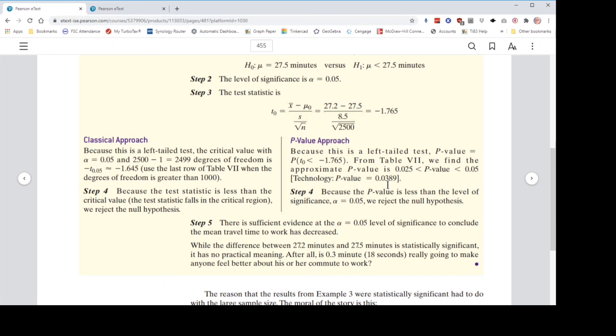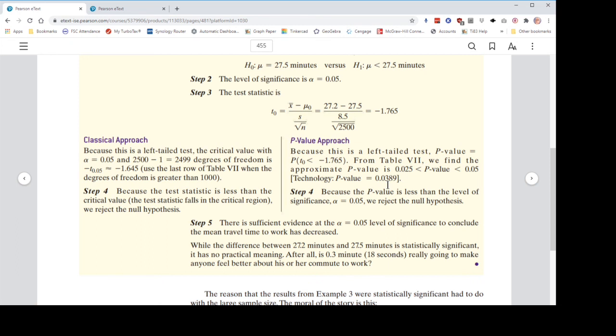So at this point, the Department of Transportation is probably going to start an ad campaign saying we spent this money to reduce travel time to work. We performed our tests and we have concluded that there is a statistically significant result that travel time has reduced. Here's the thing though.